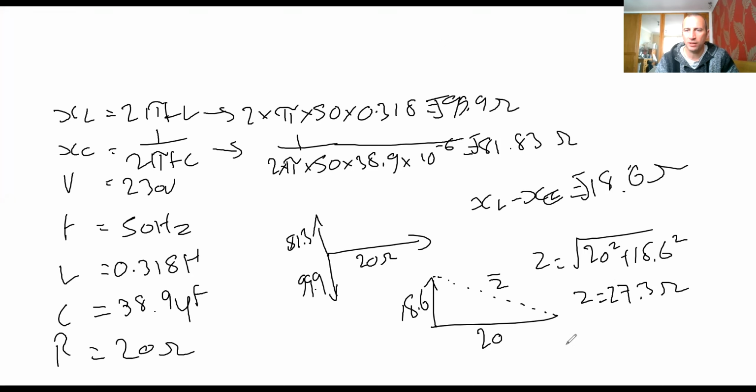We can use this in our Ohm's law, V over X, right? Or V over Z, I should put, shouldn't I? And let's get rid of that. Let's just change that.